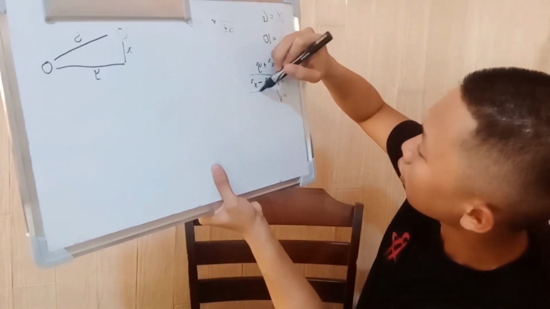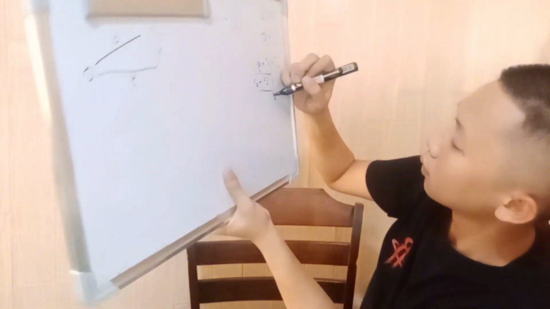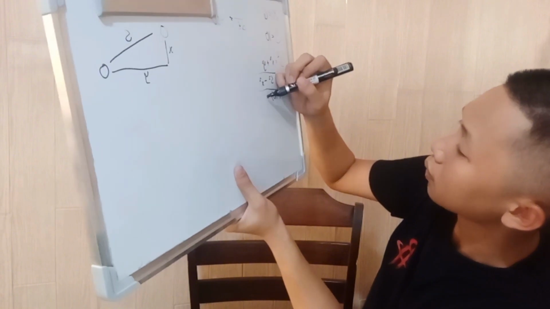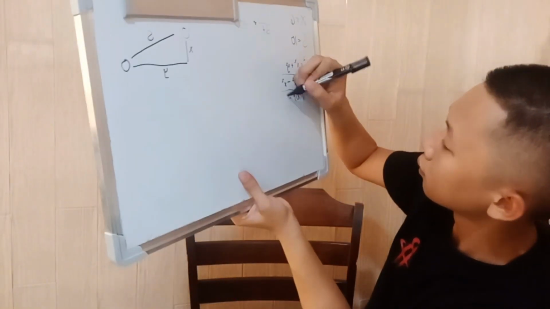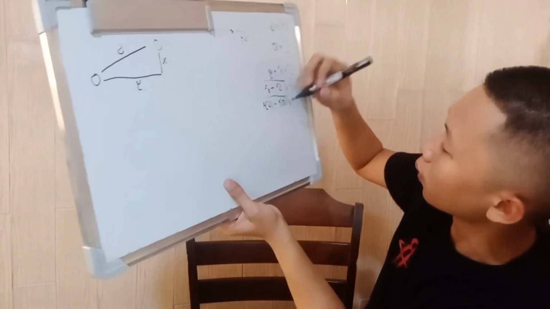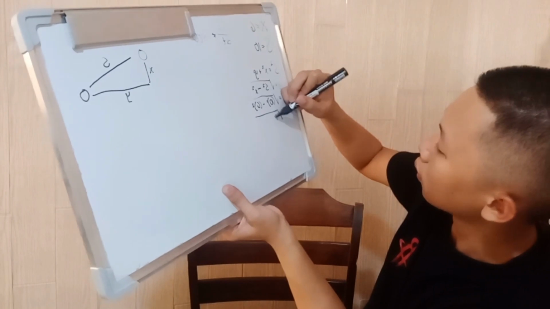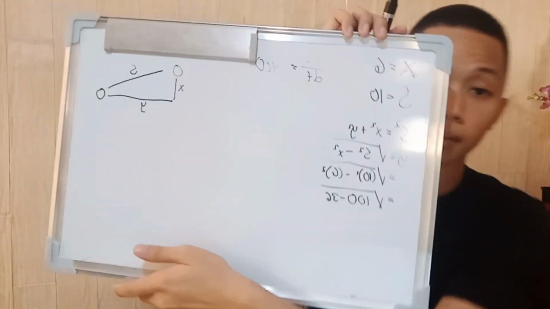So square root, our s is equal to 10. That is 10 squared minus our x, which is 6 squared. That is equal to the square root of 100 minus 36, right?